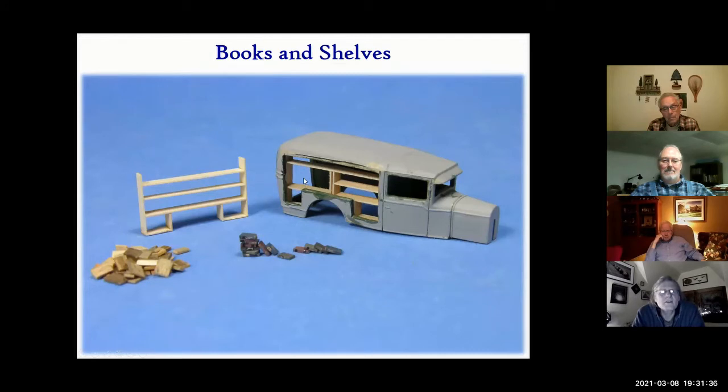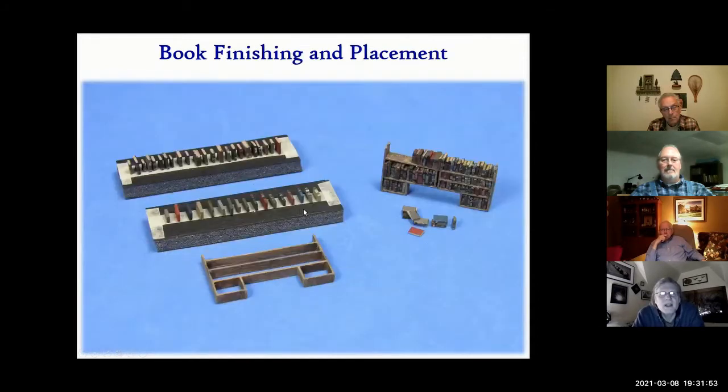all the interior details for this model are wood. So the two shelves were made out of scale basswood, and then the books, you can see a variety of different colors. This is just from a scrap box. So various pieces of basswood were cut up and painted to look like individual volumes. It probably would have been easier if I had just glued a bunch of them together and painted them, but it was a two-step process.